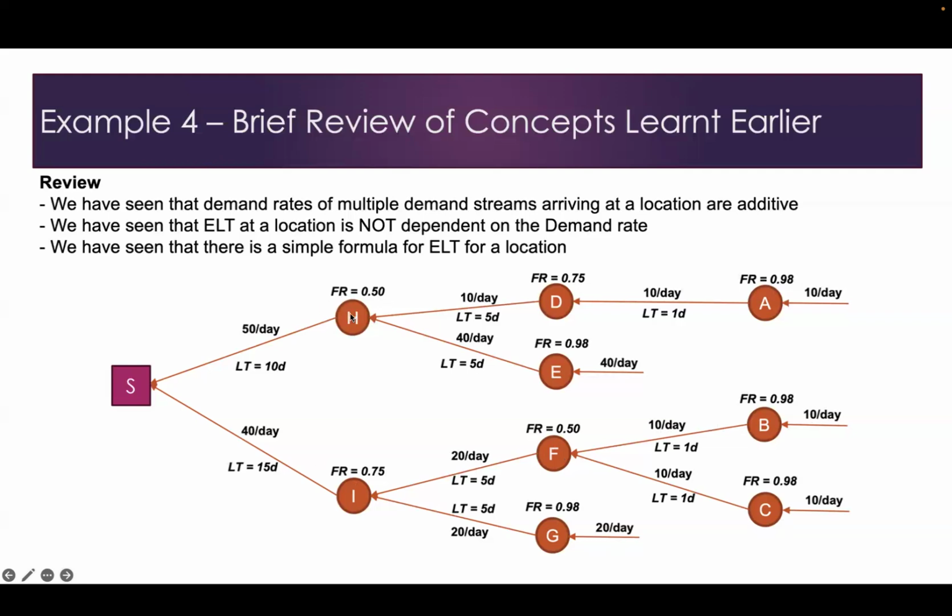So you go to the next location here, this 10 plus 40 becomes 50. So what have I done? I've done a very easy right to left traversal of this network, and it's a simple addition. It's just going down to the node, seeing what's coming into it, and adding it up. Nothing really complex, but I now have the demand rates at each location. This is not very difficult, right? Everybody agree? Yeah.